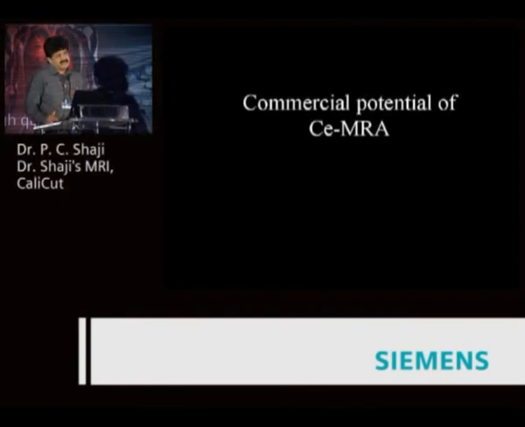So you can complete the entire evaluation in 7 minutes, which is much less than a routine brain study with contrast. And our charges are much higher for a contrast enhanced angiography compared to a routine MRI.